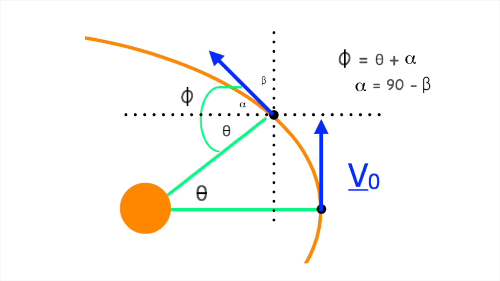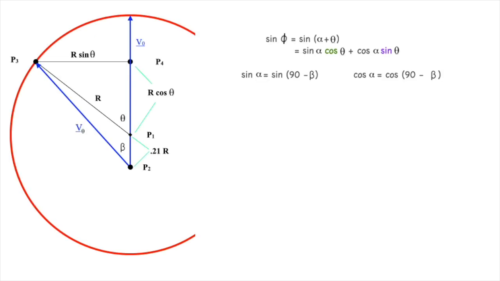Next, we recall that we found that alpha equals 90 minus beta. So we write down that sine alpha equals the sine of 90 minus beta, and cosine alpha equals the cosine of 90 minus beta.